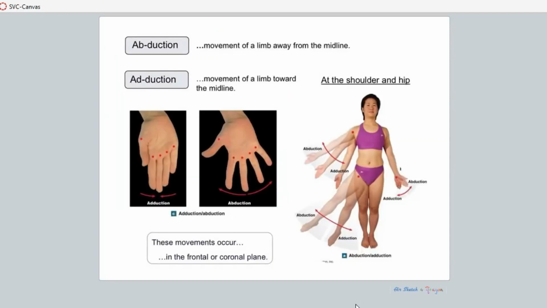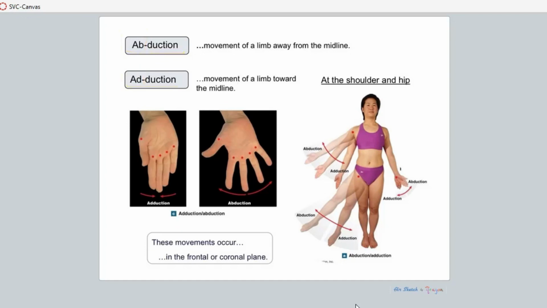Okay, now we have another set of motions called abduction and adduction. It's best to separate these, to call these "ab-duction" and "ad-duction", because these sound very similar.